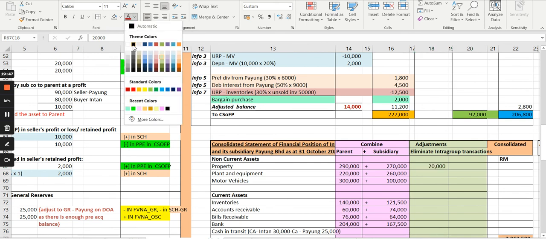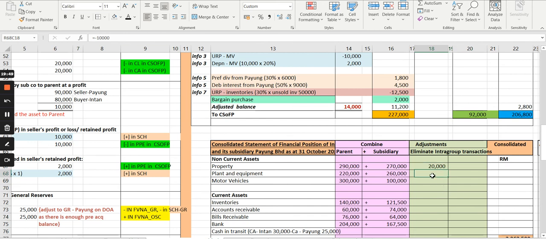So you have to show the property that was at a surplus and then record the deficit, eliminate that, and also eliminate the over provision. The same thing for motor vehicle.